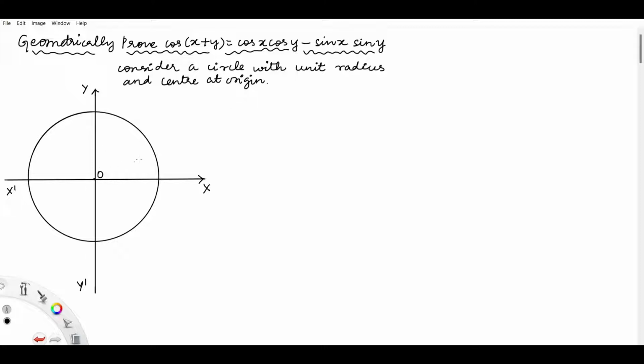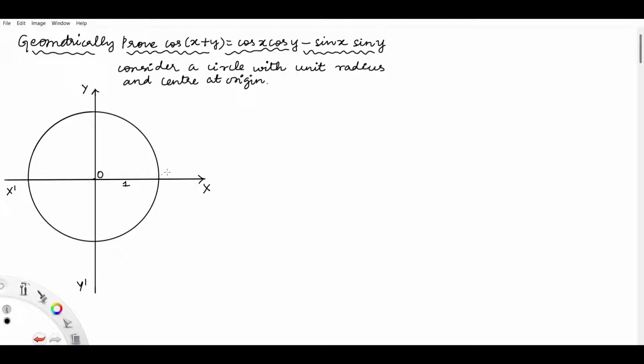So this is a unit circle, which means the radius of the circle is 1 unit and the center is coinciding with the origin of the coordinate axis. This is the first step.